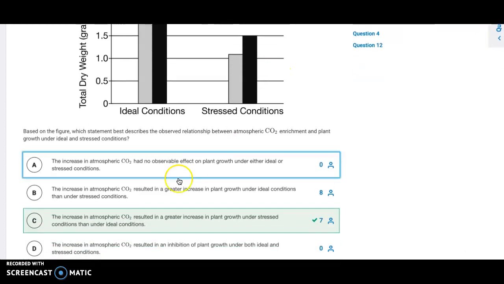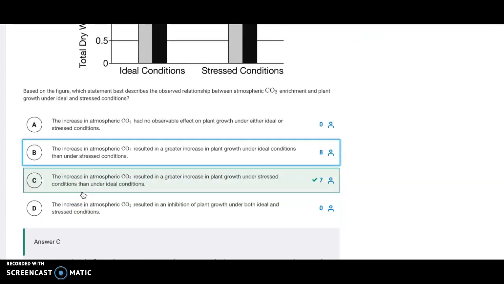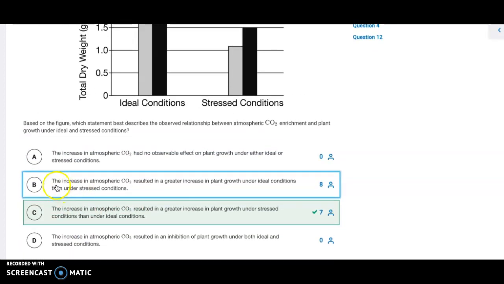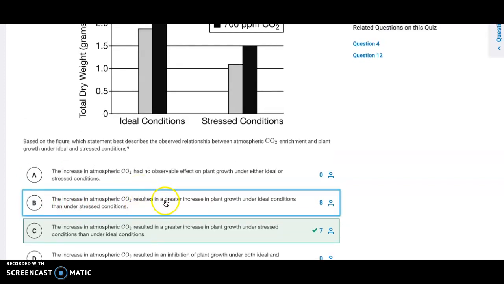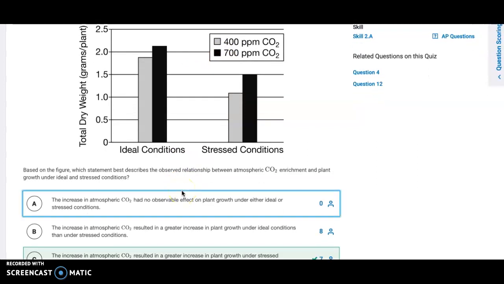So many of you got it wrong because you selected B. Actually, everybody who got it wrong selected B. The increase in CO2 results in a greater increase in plant growth under ideal conditions than stressed conditions. I want you to pay attention, read that wording carefully.